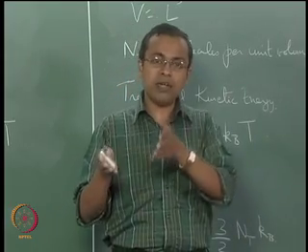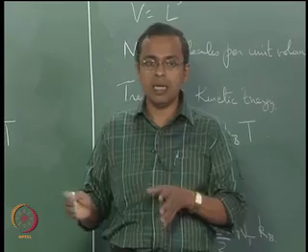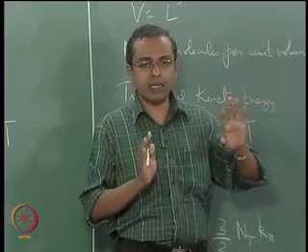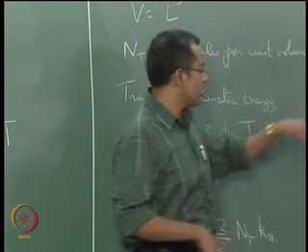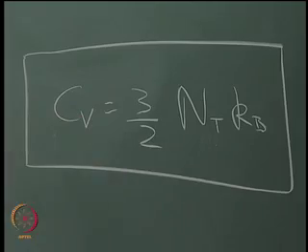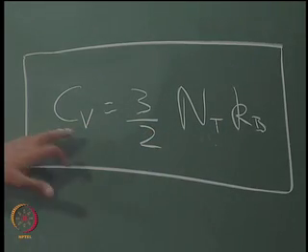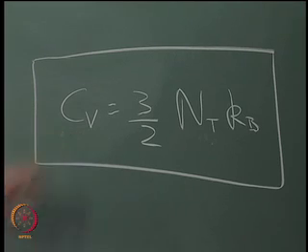So it is the specific heat of electrons per unit volume plus the specific heat of the ionic cores per unit volume. Now in the expression that we have derived, we have focused only on the part of the solid that behaves like an ideal gas, which is the electrons. So this equation here, Cv equals 3 by 2 Nt Kb, is something that we can extend only to the free electron cloud.